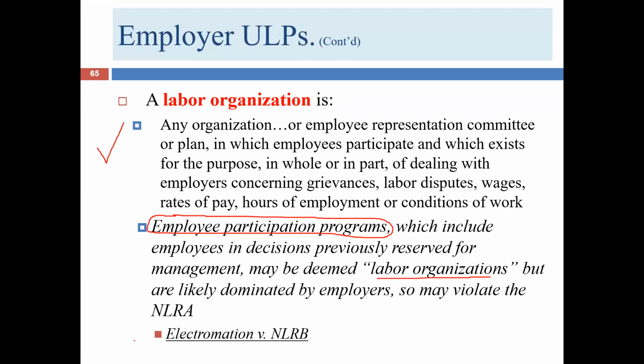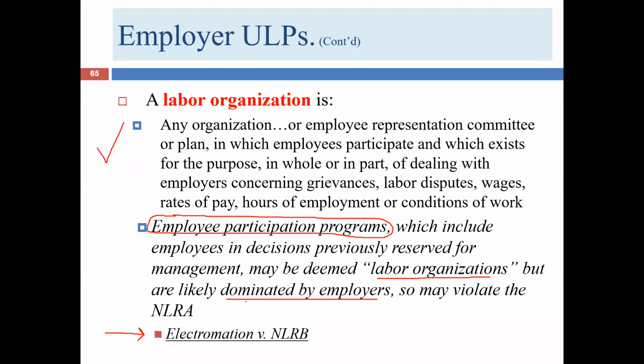And the big case in this area is Electromation. We would talk extensively about this case if we had more time, but we don't. Electromation is a case that held that some of these groups, many times called quality circles, which is a common term for them, are considered basically labor organizations that are dominated by the employers, in other words, dominated by management.